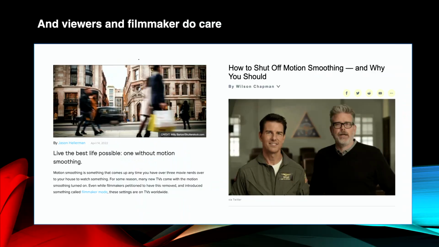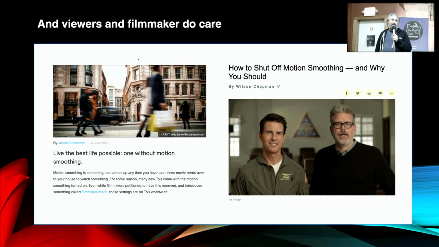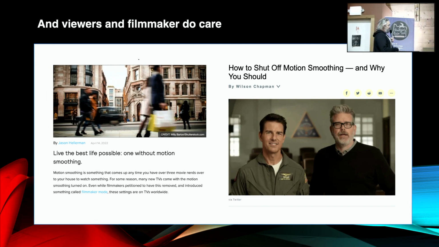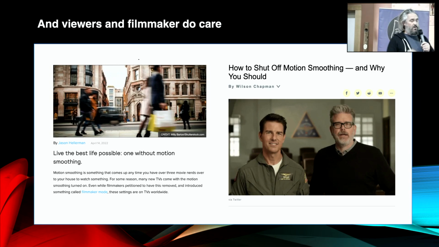And filmmakers do care, as do audiences. You don't have to do too much digging on your favorite search engine to find plenty of commentary from folks up and down the supply chain about the evils of frame interpolation, or vice versa. But the point is, this is not something that's going amiss. People do care about the impact this is having on the effectiveness of the storytelling.